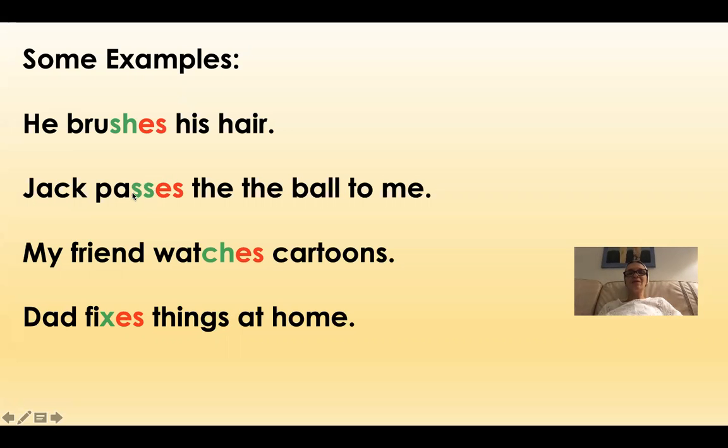Pass ends with a double s. Jack is one person and I add an es. My friend watches cartoons. My friend is only one person, only one friend. Watch ends with ch, so I add an es.